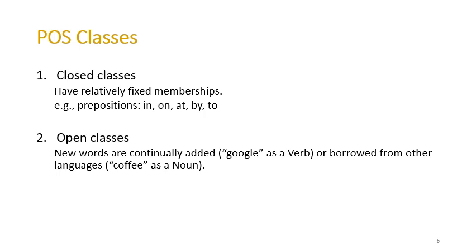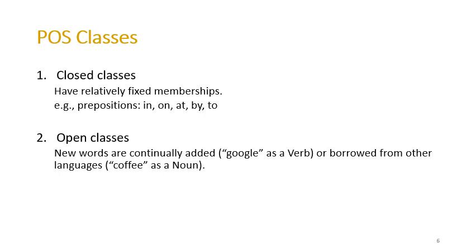Now, although the number of tags in tag sets can vary a lot, so some tag sets have only a small number of tags, and other tag sets have a very large number of tags, such that the tags are very specific for the part of speech, generally we can divide the part of speech into two big classes. The first class is called the closed classes.